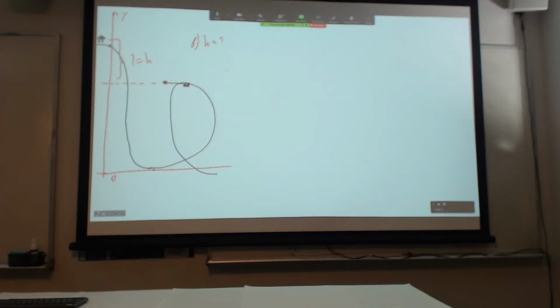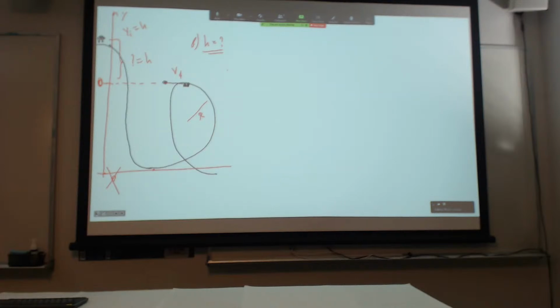In this case, you should not choose 0 on the ground. You should choose 0 here at the top. In this case, this radius will not matter on its own. The speed here, well, we can call it final, is related to this height, which is initial relative to this 0.